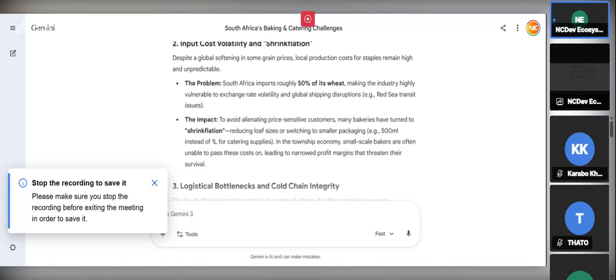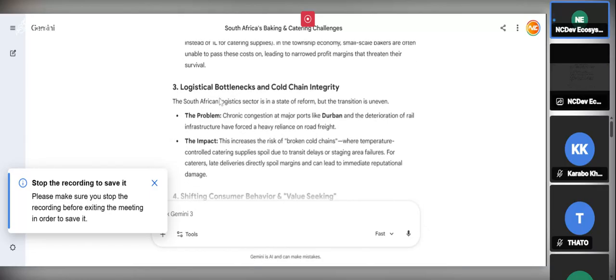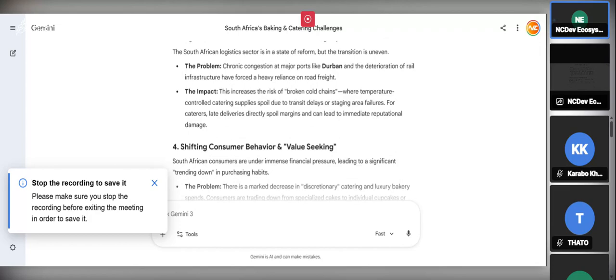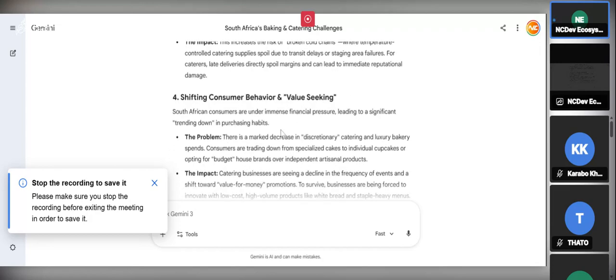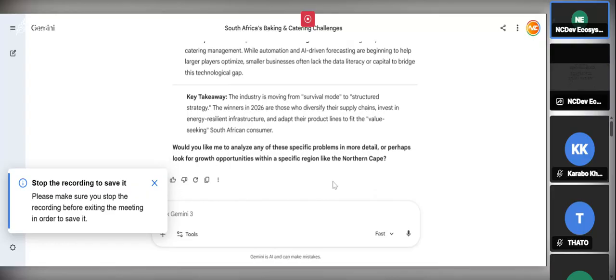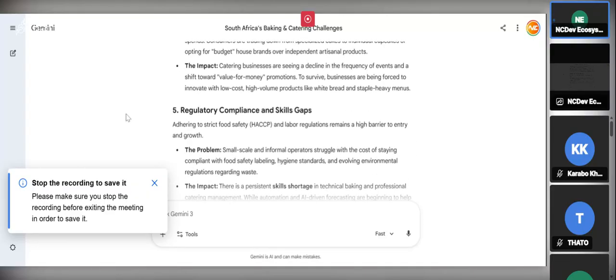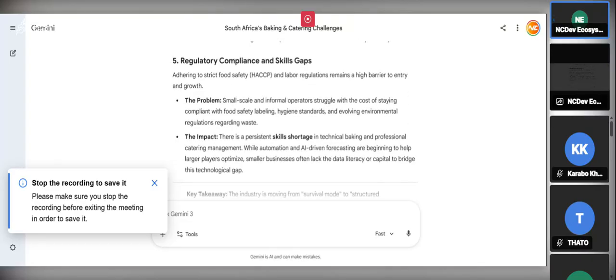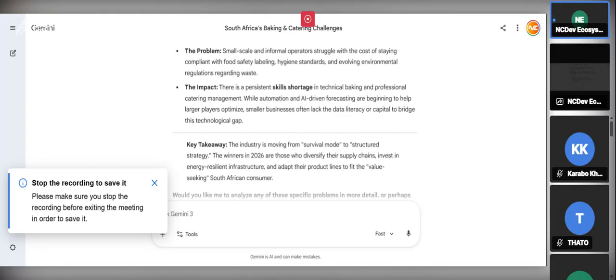Now we are identifying different problems: logistical bottlenecks and cold chain integrity, behavior and value seeking, regulatory compliance and skills gap. Adhering to food HACCP and labor regulations is also a high barrier.